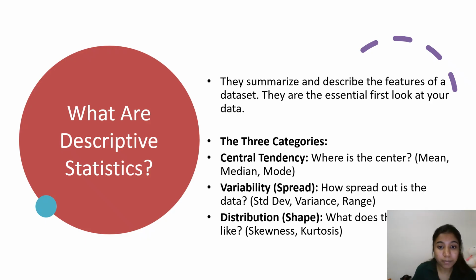We categorize them into three main groups: measures of central tendency, which shows where the center is, and measures of variability, which shows how spread out the data is, like standard deviation, variance, and range, and the measures of distribution, which shows what the data looks like, skewness or kurtosis.